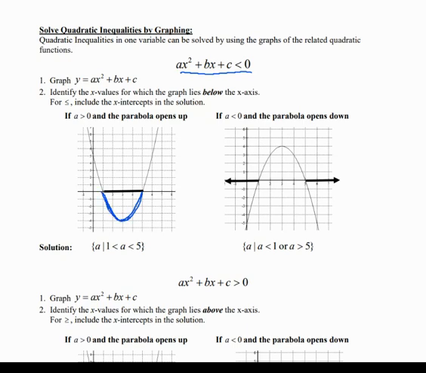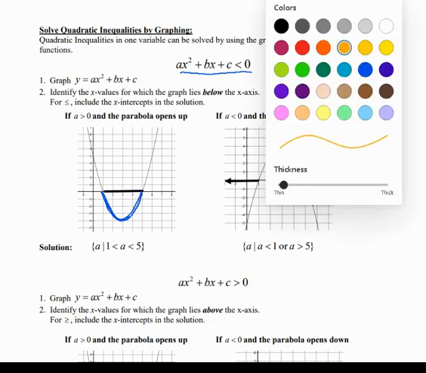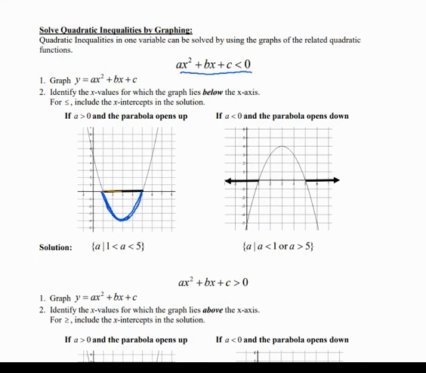So my answer are the corresponding x values that go with that. The corresponding x values are any of these orange values. Those are from 1 to 5. Therefore, any x values from 1 to 5 would fit that solution.